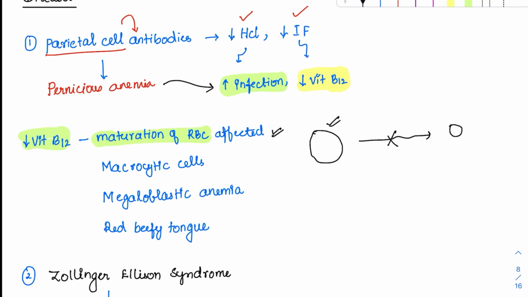That's why it develops a typical type of anemia wherein we have macrocytic cells, called megaloblastic anemia. So pernicious anemia could be one of the reasons for megaloblastic anemia. And the person will have a red beefy tongue. All these things can be given in the history. And if antibodies are given, then pernicious anemia is the diagnosis.